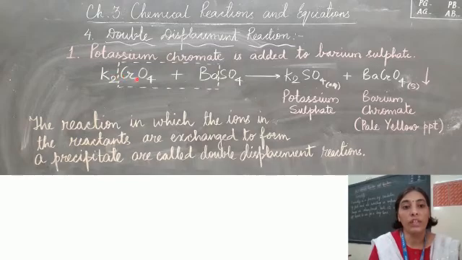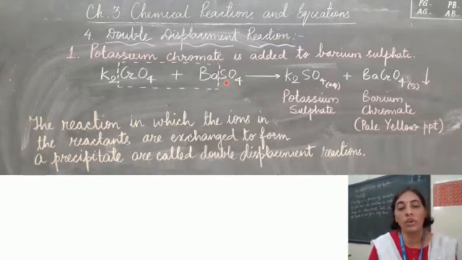The bonds present in this reactant and in this reactant are going to break. And when they break, there is rearrangement of ions. And this rearrangement of ions results in the formation of new products. The new products are K2SO4, that is potassium sulfate, and BaCrO4, that is barium chromate.